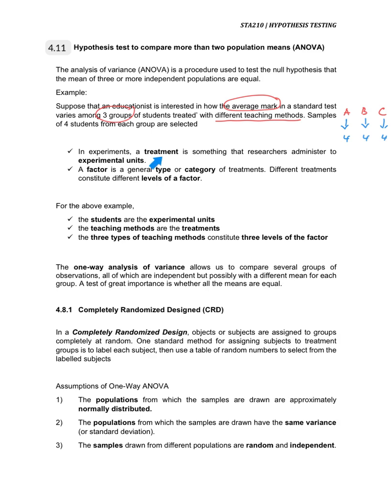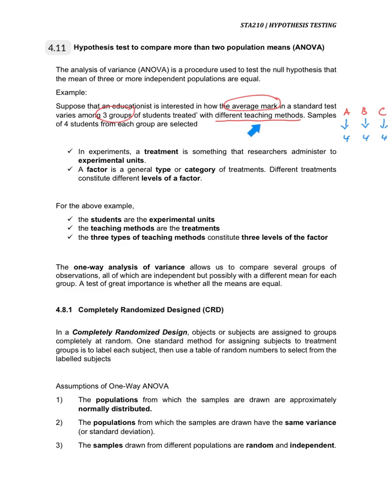There are several definitions that you should understand here. First, what is a treatment? A treatment is something that researchers administer to experimental units. Here the treatment is our teaching method. We are interested to see the effect of the teaching method.